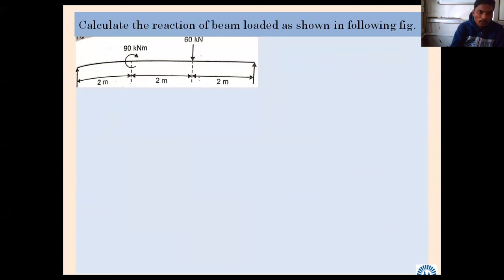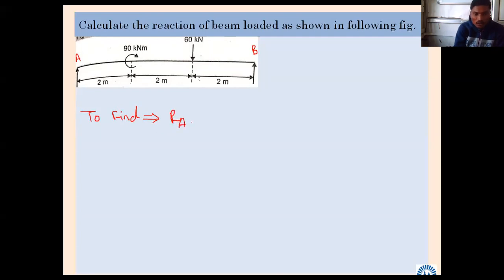If I give names to this beam, A and B, you are supposed to find only RA and RB, nothing else. Everything is given. So I will give 5 minutes. I am not going to solve this problem now. I am going to ask randomly, and with the video on. Start it. It will take only 5 minutes.